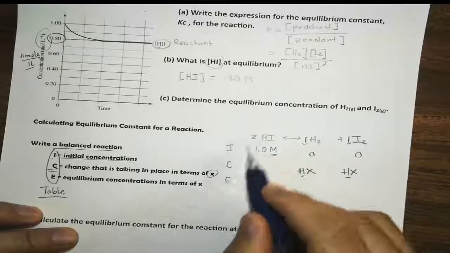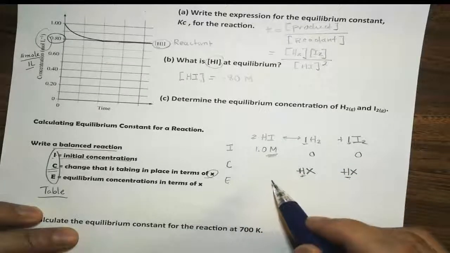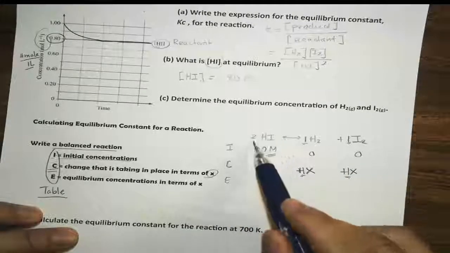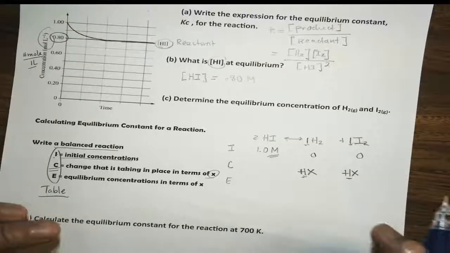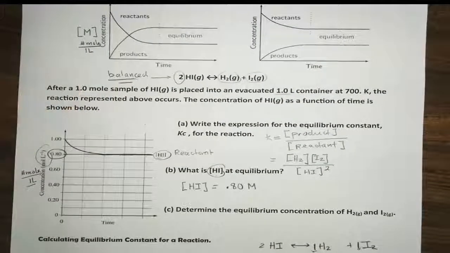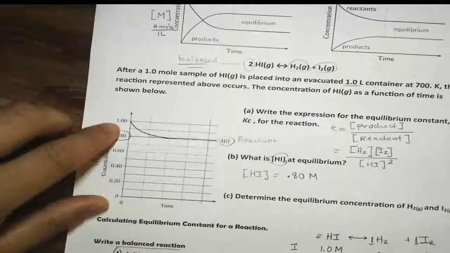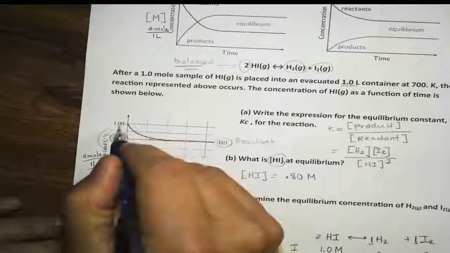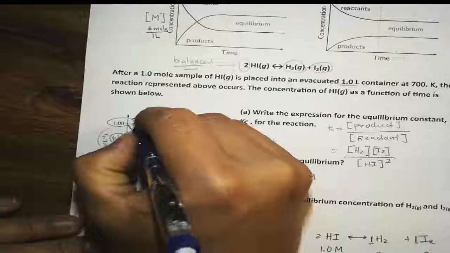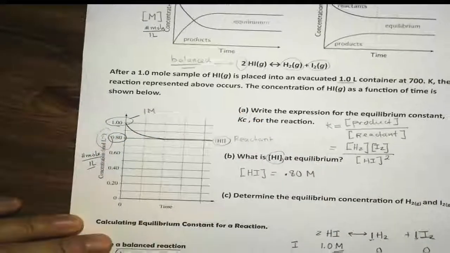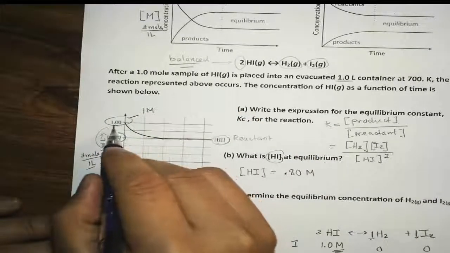Now, in most cases, you would know what happened to the change in terms of the reactant. The question will tell you. Well, in this case, it doesn't tell you within the question, but look at this graph right here. Where are we starting from? We're starting from a concentration of 1 M, or 1 molarity. Don't get confused with 1 mole.